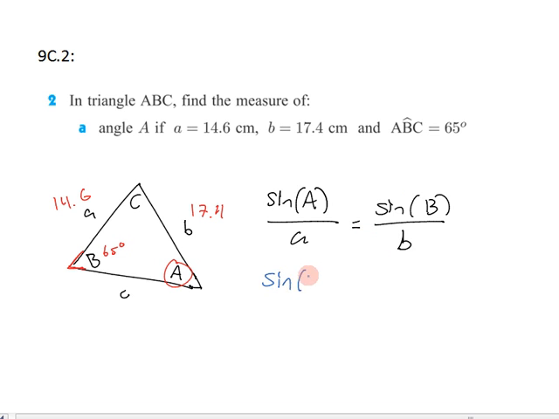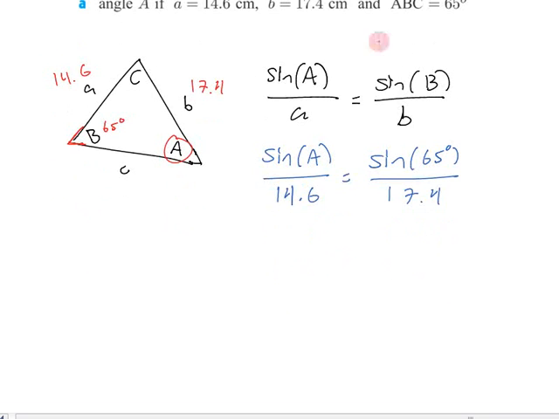So we'll plug in what we know. We want the sine of angle A, but we know side A, that's 14.6. We want the sine of angle B, so that's sine of 65 degrees, and we know the length of side B, that's 17.4.